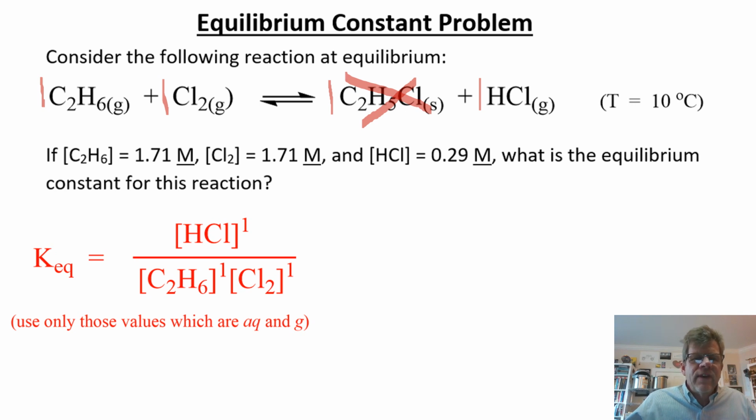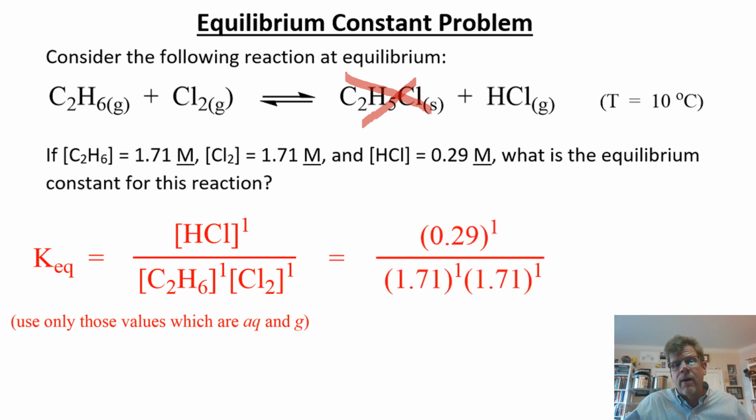So we put these to the first power, which means you don't really even need to do it, because anything set to the first power is that original number in the first place. But we're just setting this up the proper way, and we plug in these values using only the gaseous species, and there it is.